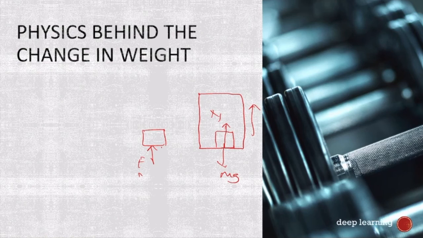As a result, this object will exert a force on the lift as a reactionary force. Suppose the object is placed on a weighing machine. On the weighing machine, one force mg will be acting, and this reactionary force will also start acting on the weighing machine. So you can see two forces will act on the weighing machine when the lift is going upwards with some acceleration.